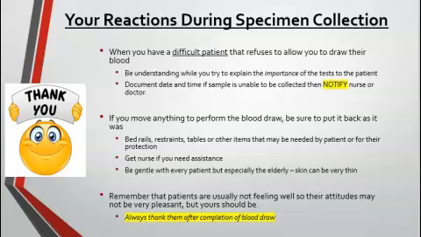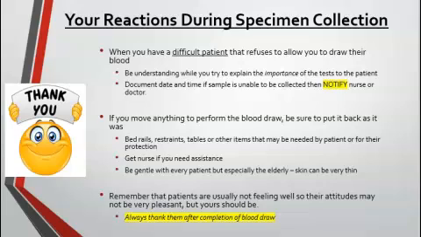Another important thing to remember when you complete a blood draw is to move everything back to its original position if you moved it to complete the blood draw. For instance, if you moved bed rails or a table or anything like that, make sure you put it back in its original position where the patient can have access to it in their room.